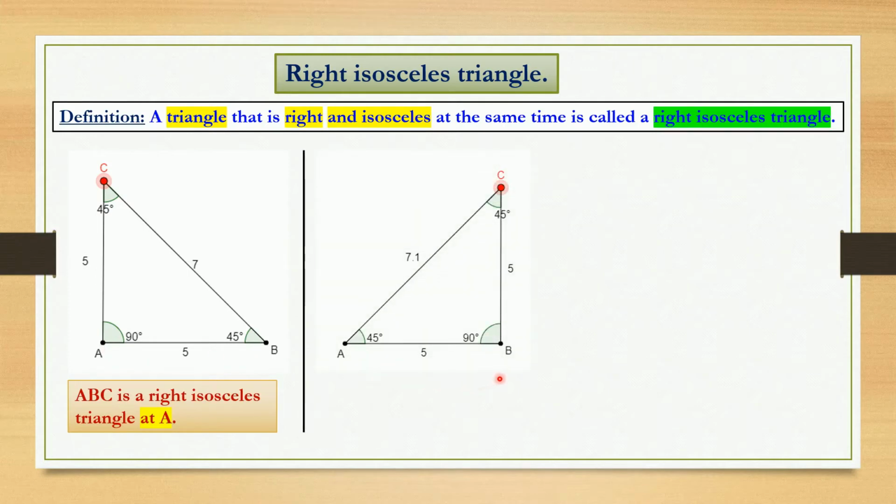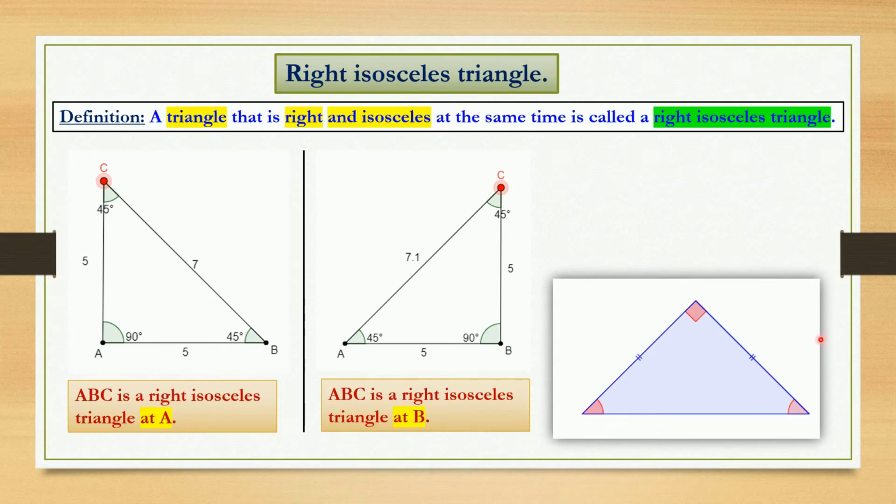In this next example, we have a triangle ABC, but this time the angle at vertex B, angle CBA, equals 90 degrees, and it has two equal sides, BA and BC, so this is a right isosceles triangle at B. Here we also have a right isosceles triangle, because we have the code of the right angle and the same code on these two sides, so they are equal.